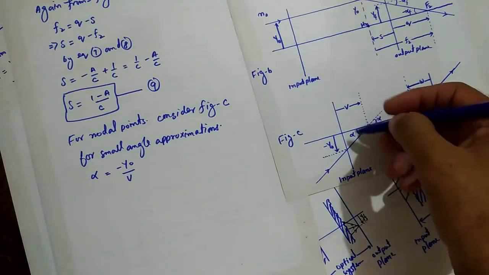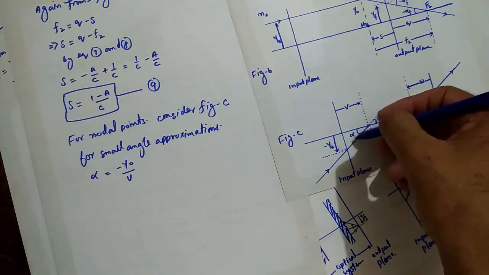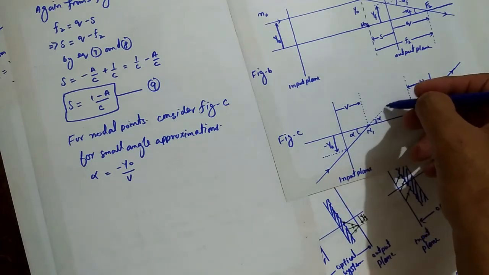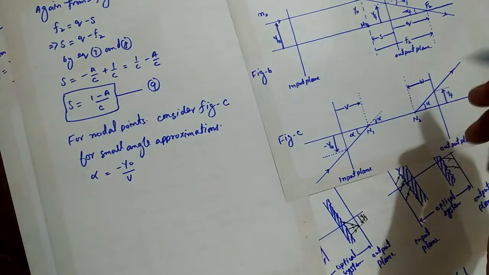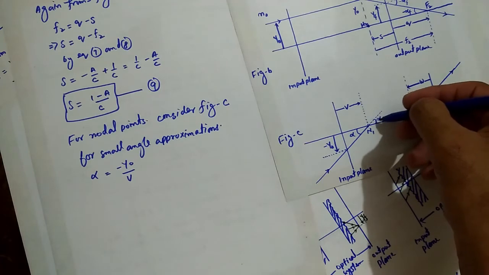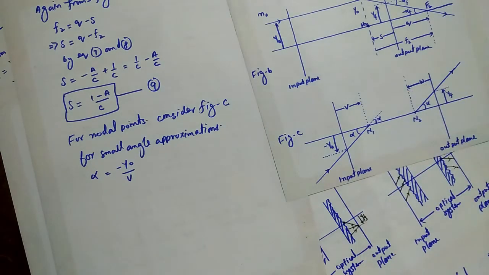Here the angle of the incident ray with the optical axis of the input and output is same. Clear? This angle here, you can consider it here or here. So the angle of the output and input with the optical axis is same.